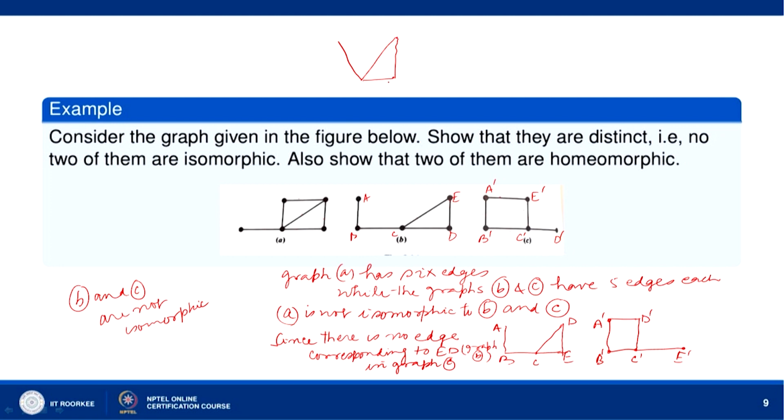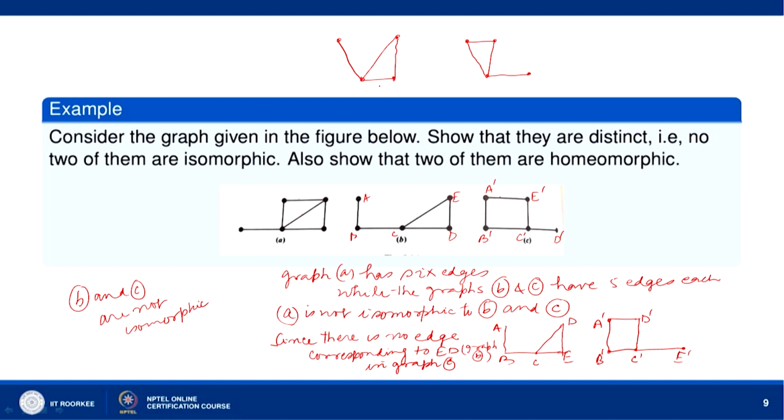Now another one is, first of all we see that these two graphs are isomorphic.